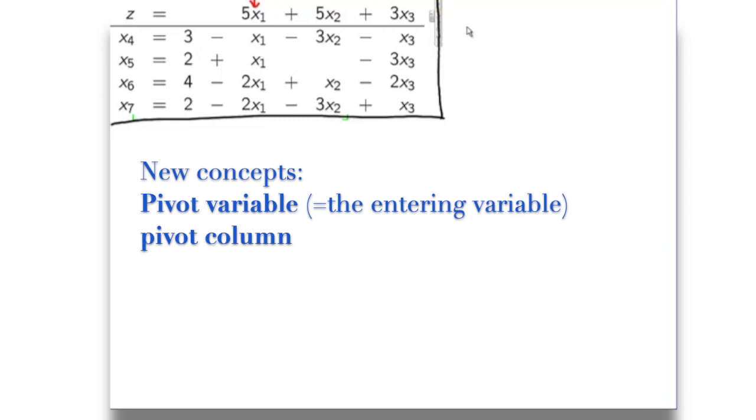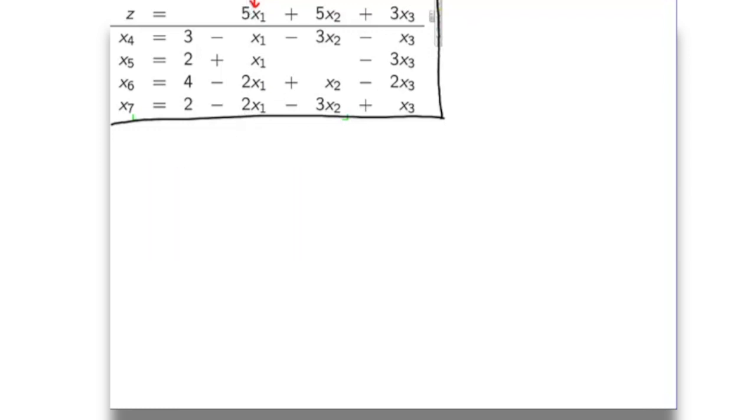So we selected x1 as the entering variable. We'll also call it the pivot variable, and the column corresponding to x1 in the dictionary we'll call the pivot column. The next thing we've done, we looked at the ratios, right? For the first constraint the ratio was 3 to 1. The second constraint was ignored because we had a positive coefficient for x1.